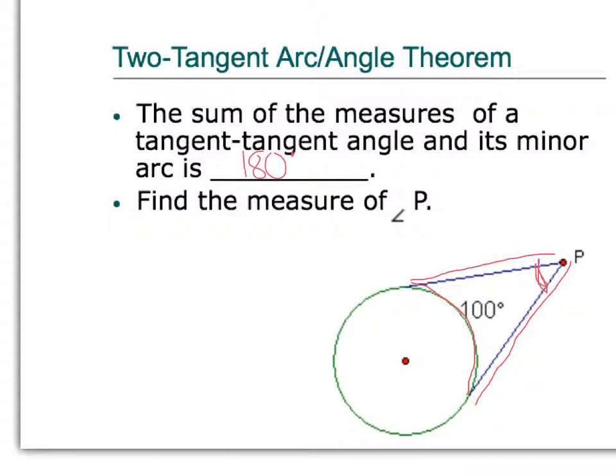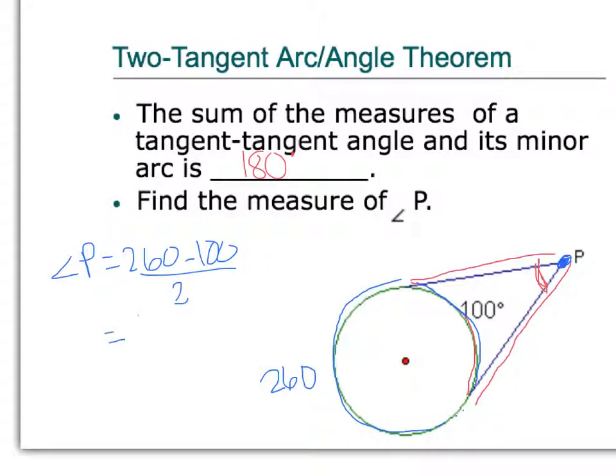Given that this arc is 100 degrees, I know the major arc is 260 degrees. And from what we learned yesterday about this external angle, I know that angle P should equal 260 minus 100, divided by 2. And the answer I would get, after I keep simplifying, is 80 degrees.